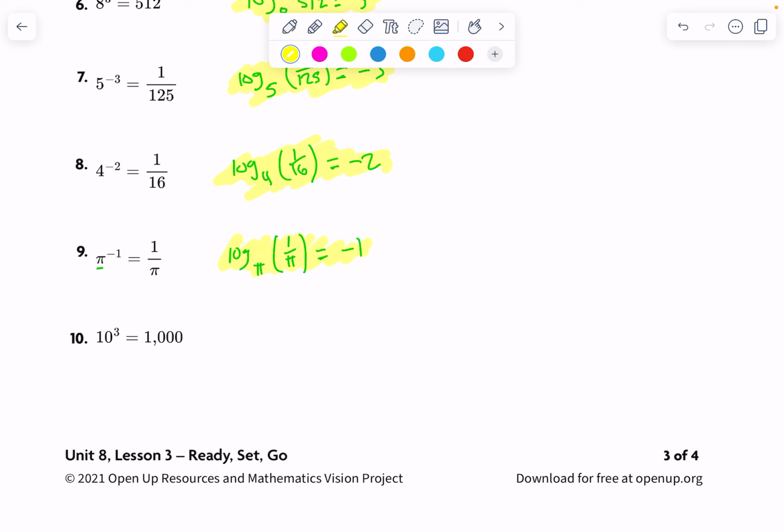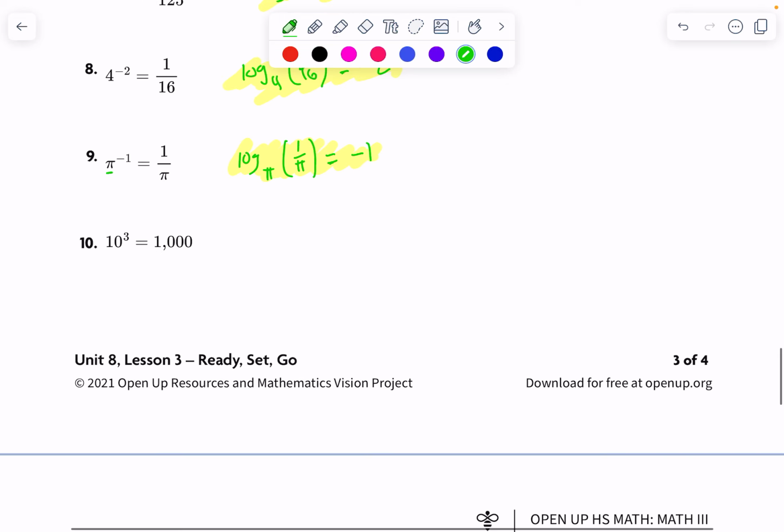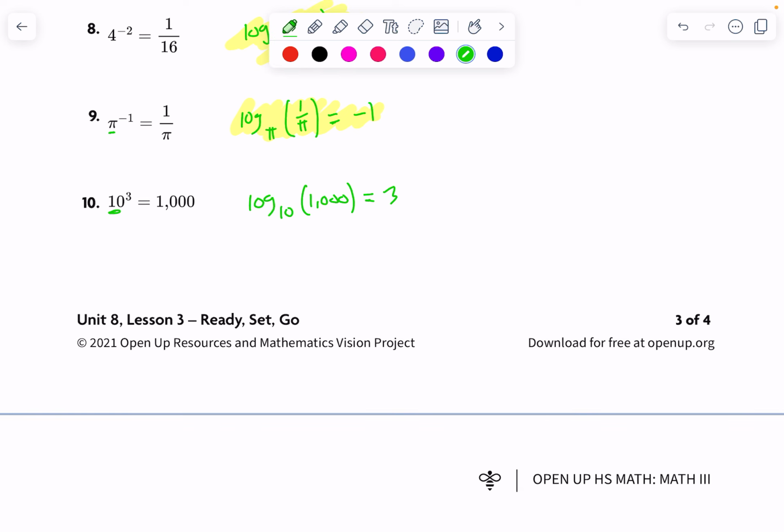Okay, very nice. For number 10, this is my base. So we have log of base 10 of 1000 is equal to 3. Now, very important to note that if it's a log of base 10, we usually don't write the 10, so we can just write this as log of 1000 is equal to 3.